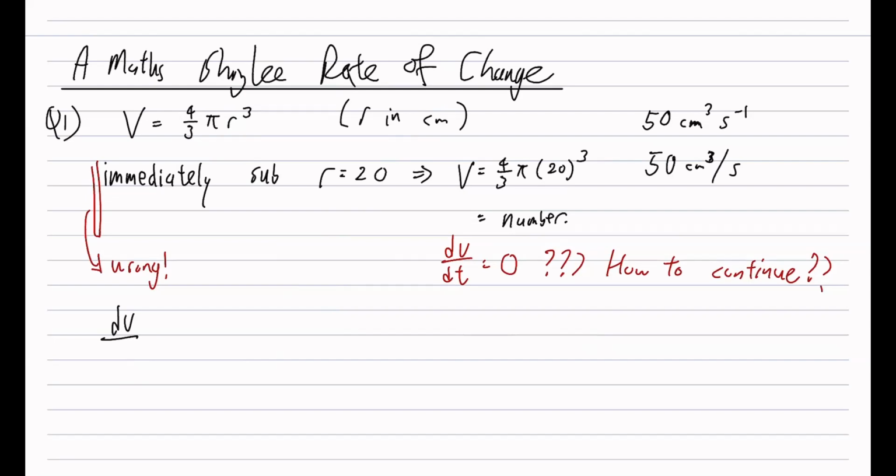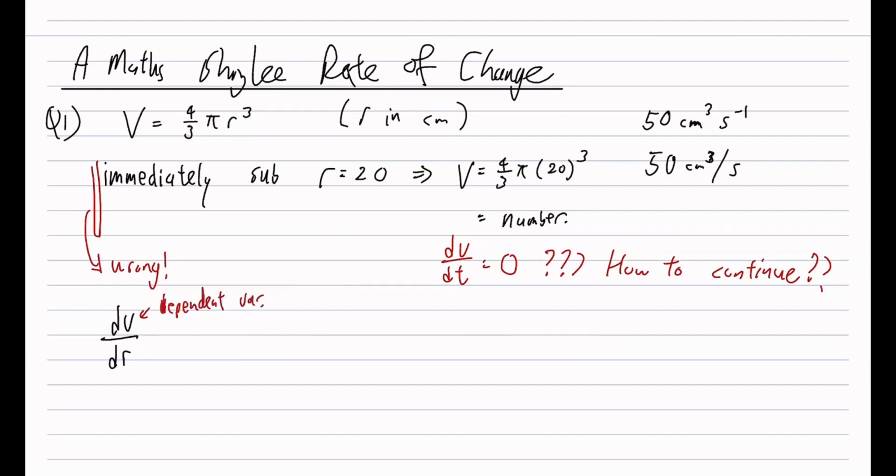Can you visualize the balloon growing in size? So now the radius is no longer a constant, it is a variable. So instead of dy by dx, it's dV by dr. It has to be d dependent variable over the independent variable. Are we clear?